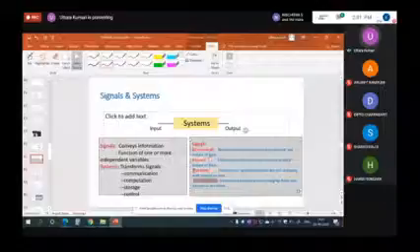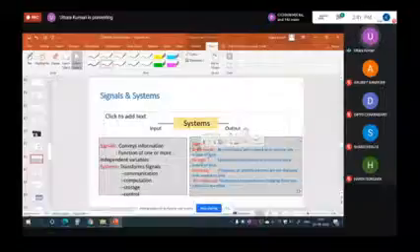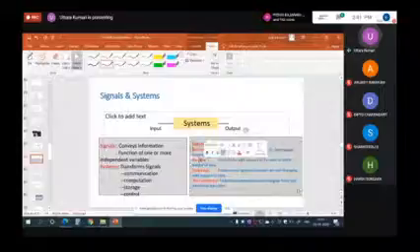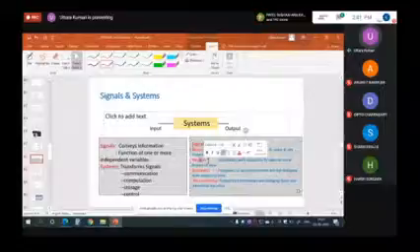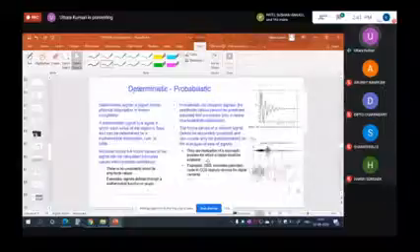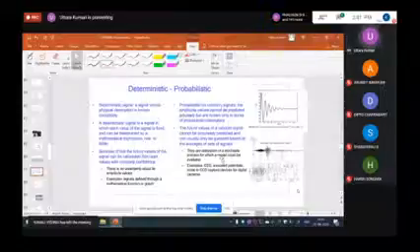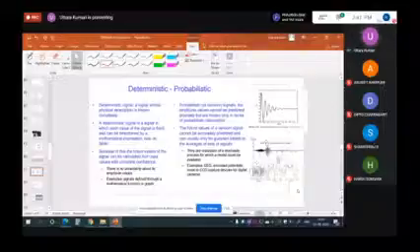I'll not go in depth on that because I want to cover something else. Based on whether it is a deterministic signal or a random signal, we'll find out what type of filter, what type of processing system, or what type of model we want to develop. When it comes to a probabilistic model, speech signals, music signals, radar signals, sonar signals are all random in nature.